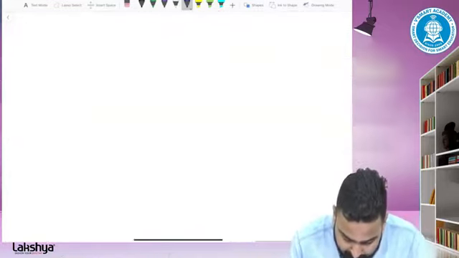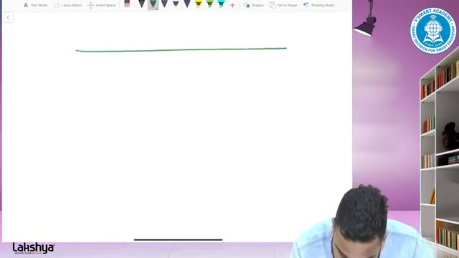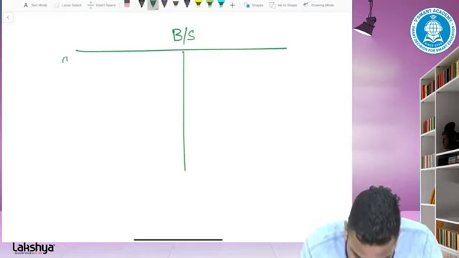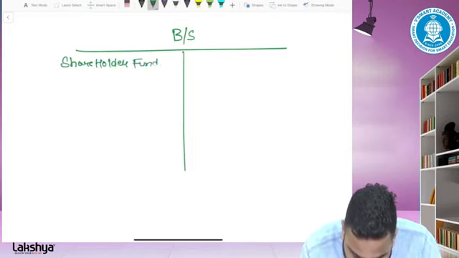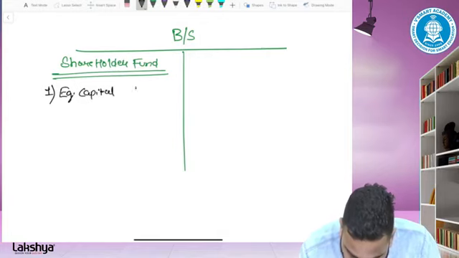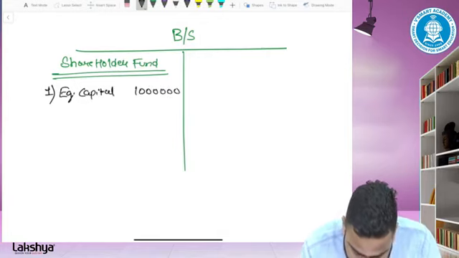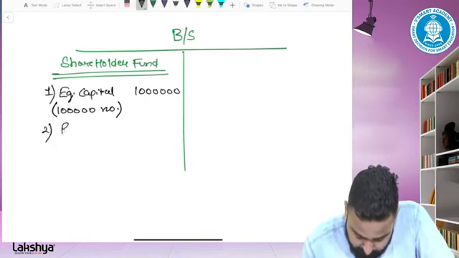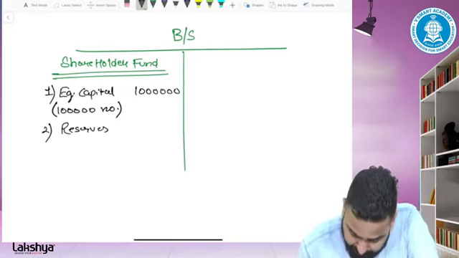If I tell you one thing, that you have a balance sheet, and under the balance sheet, as you know very well, there is shareholders' fund. Under shareholders' fund, we have equity capital of 10 lakh, and the second is reserves.